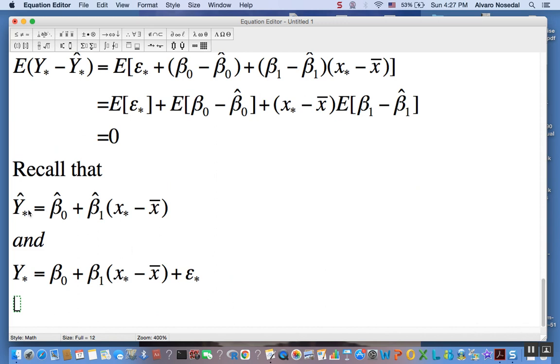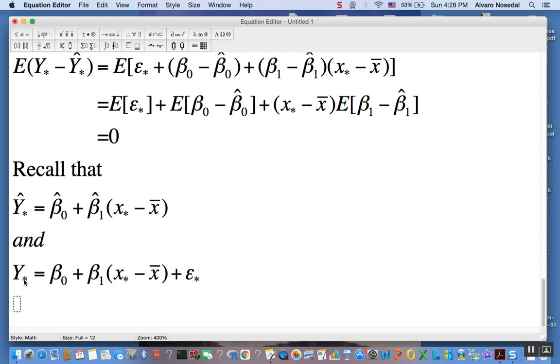So this guy, y hat star, is a linear combination of the yi's, y1, y2 up to yn, but y star is independent. It's another guy, independent from that set of n y's that you had previously.